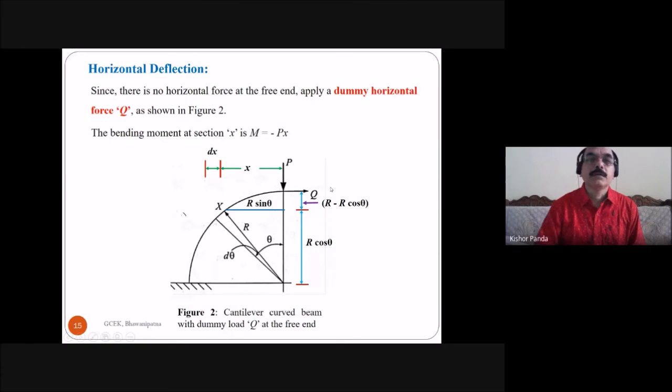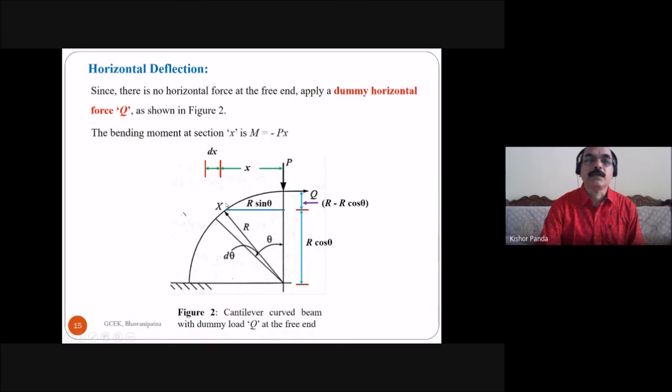Then similarly you have to take a section at a distance x from B. Then what is the moment here? You have to find out. So this is the x length, and in angular direction, it is theta.